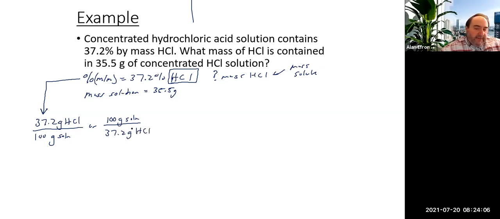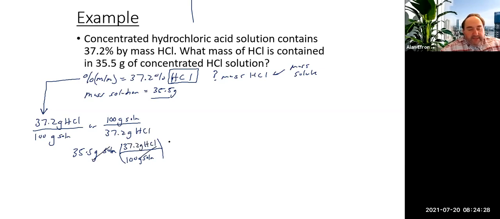So I'm going to do a dimensional analysis approach since we already know the grams of the solution. We're going to go 35.5 grams of solution. We need the solution to cancel out, which means we want to use the conversion factor there on the left, which would be 100 grams of solution is 37.2 grams of HCl.